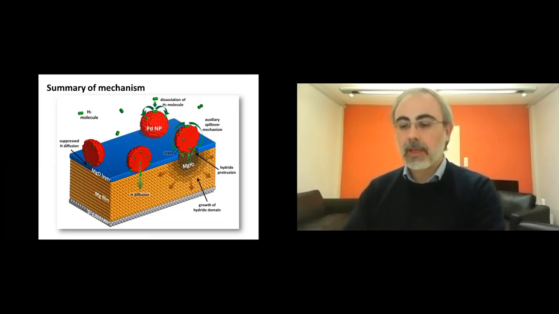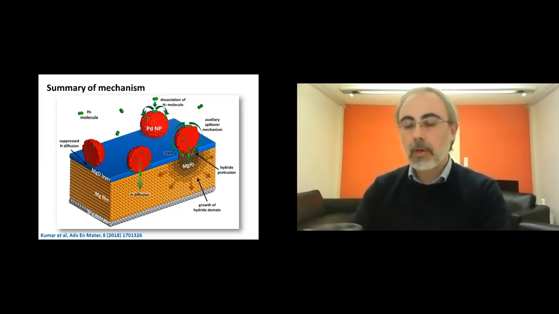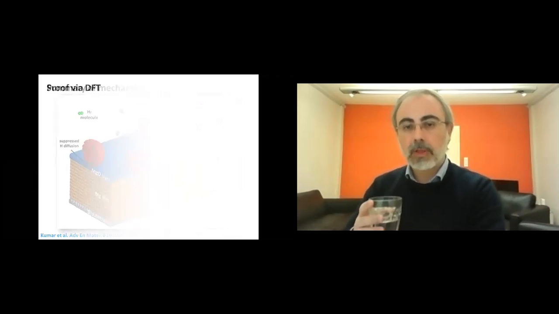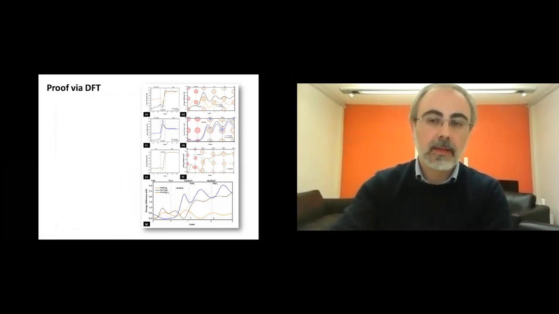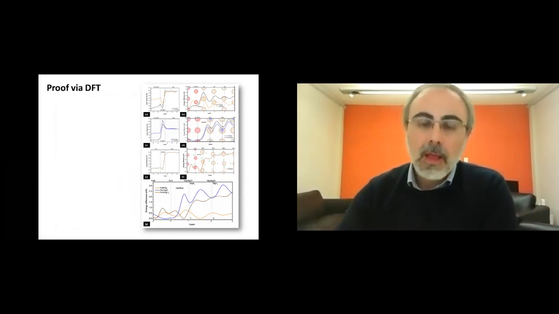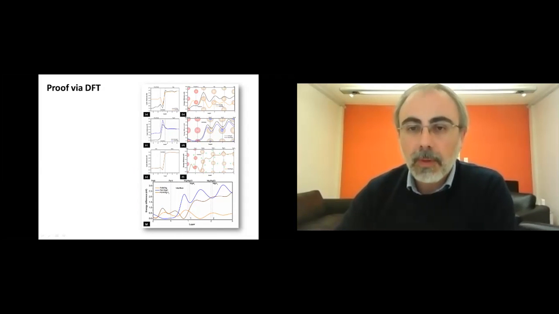Of course, this had been described before, but no one had actually proven it by theory. So what we did was an extensive DFT study of the system, and we calculated the energy barriers for hydrogen to penetrate the interface in all these different structures. So on the top layer here in this graph, you can see the barrier for hydrogen to diffuse through the palladium-magnesium interface.